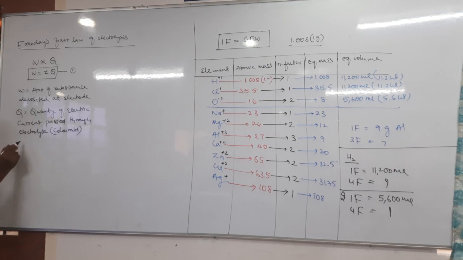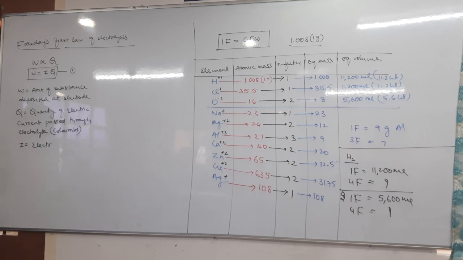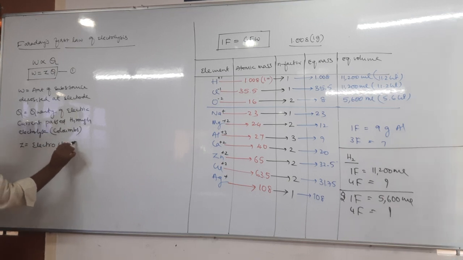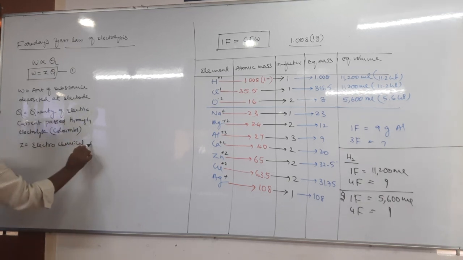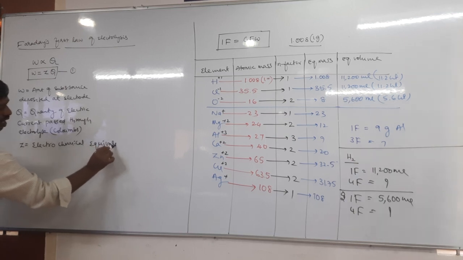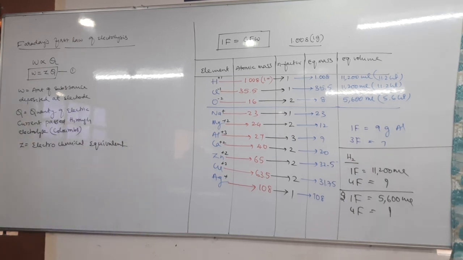Next, Z is the proportionality constant. It is called electrochemical equivalent. This is equation 1.